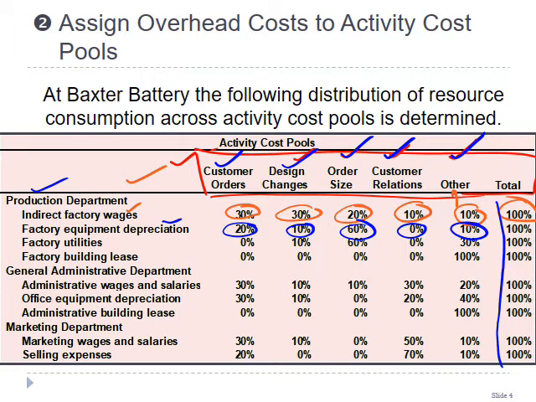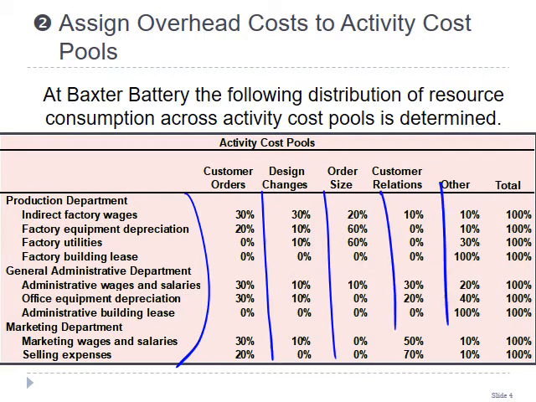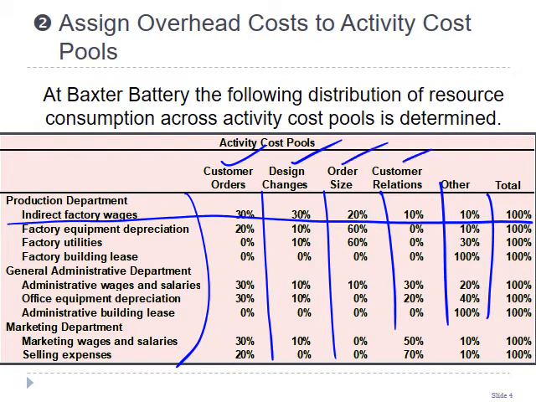It means that this cost, factory utility cost, we divide into 5 activities: customer orders, design change, order size, customer relation, and other, right? This is how you get it from the interview, and you divide all these into the cost pools.